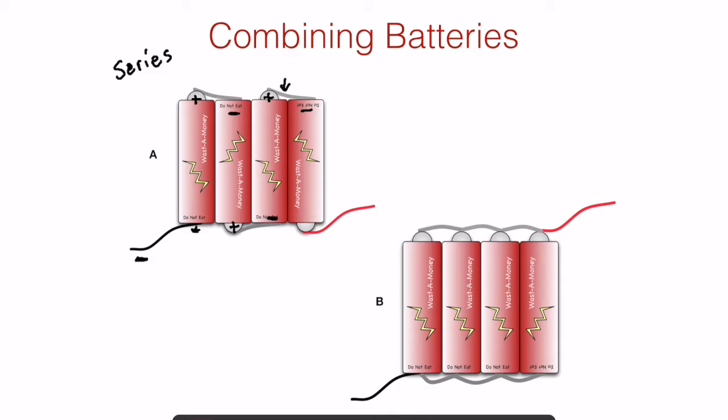You see these metal strips are connecting the positive to the negative. Then the final positive is where you want to have your connection. You have one connection at the original negative and one connection at the original positive. Each of these batteries is 1.5 volts for a combined voltage of 6 volts.